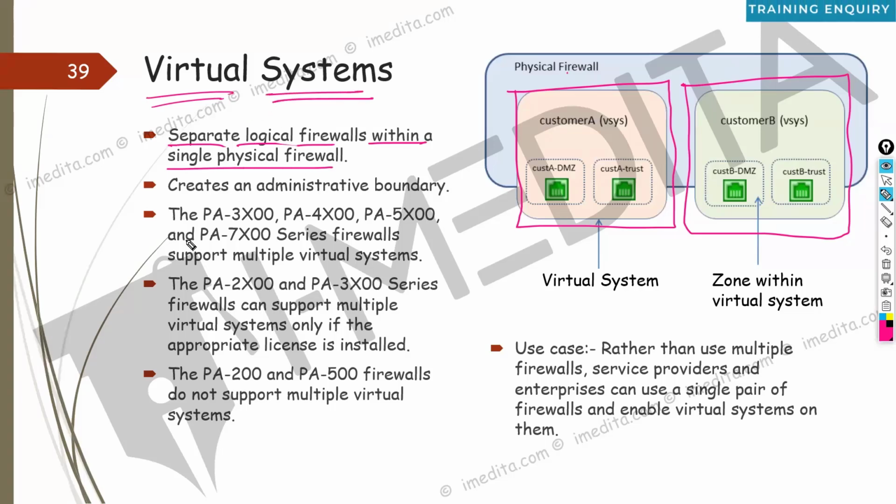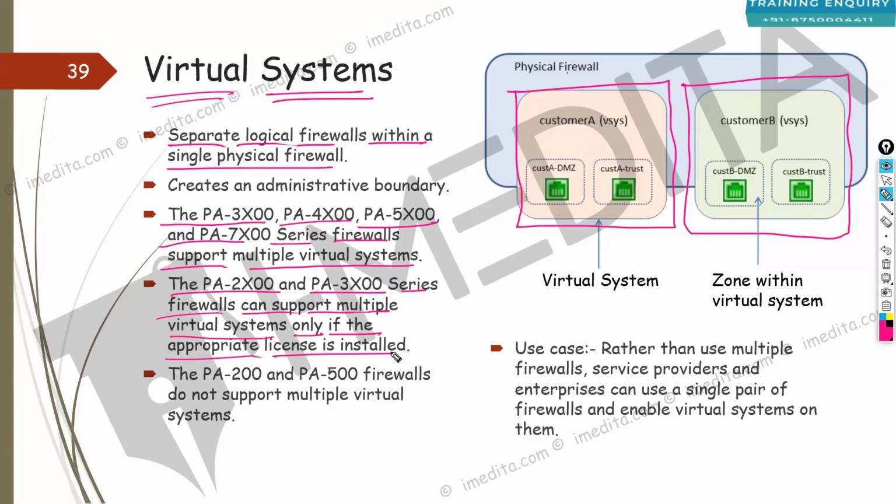These virtual systems you can create on 3000, 4000, 5000, 7000 series firewalls, which support virtual system. 2000, 3000 series firewalls can support multiple virtual systems only if the appropriate license is installed. 200, 300 firewalls do not support VSYS.